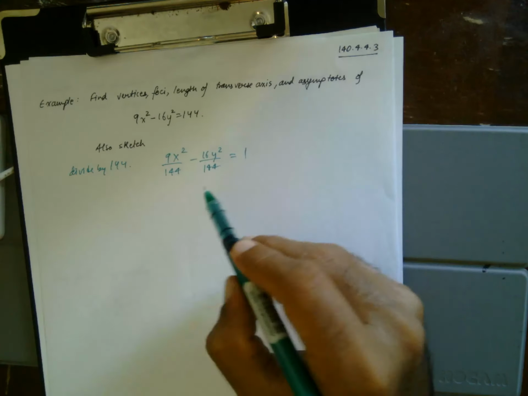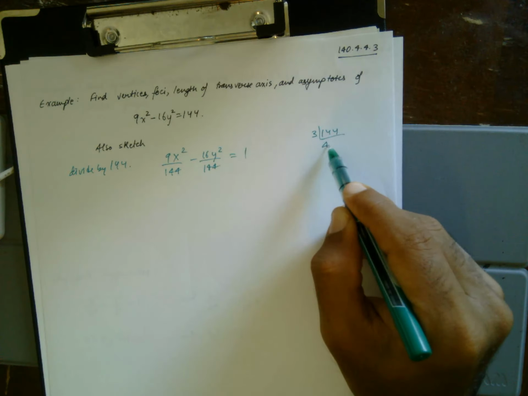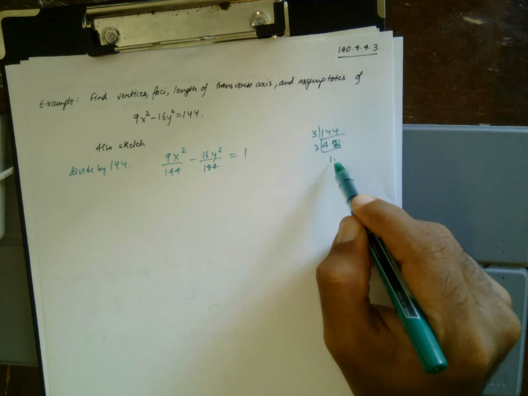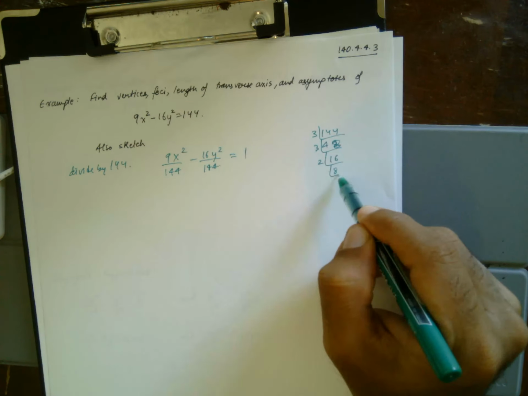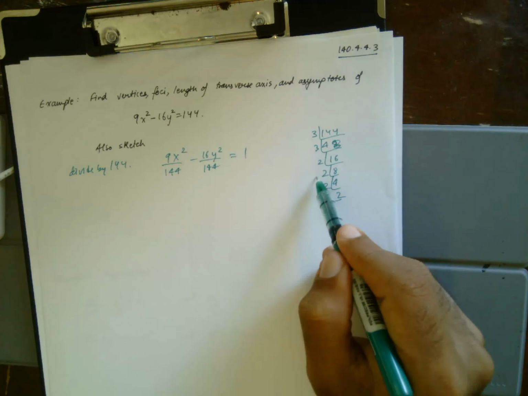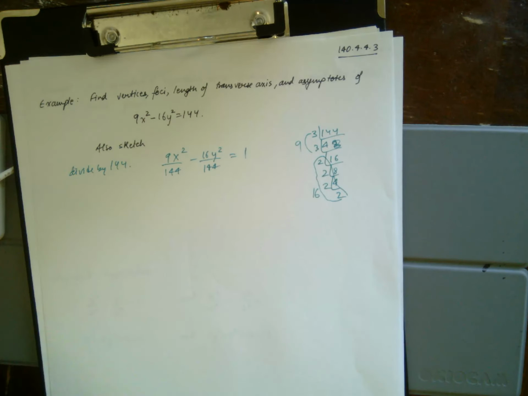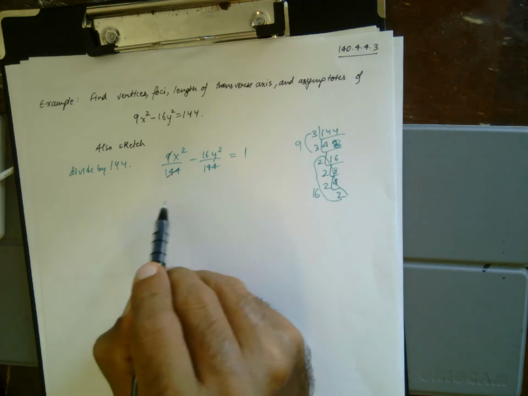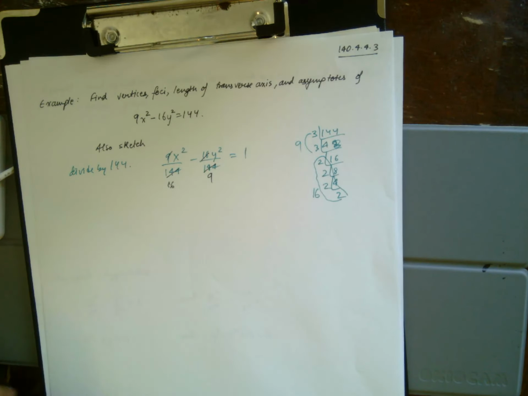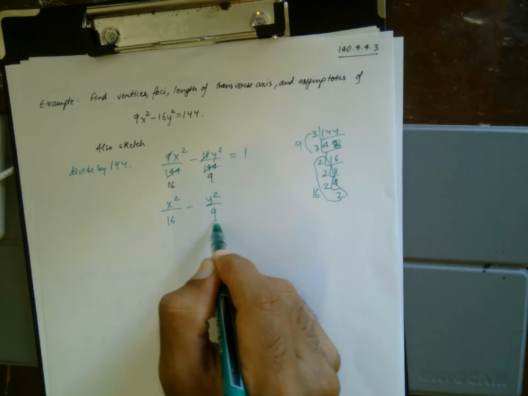Let's see, the factors of 144 are 48, sorry. 3, 16, 2, 8, 2, 4, 2, 2. 2 times 2 times 2 times 2 is 16, and 3 times 3 is 9. Which means 9 goes into 144 16 times, 16 goes into 144 9 times. So that's good. I have a clean looking equation here.